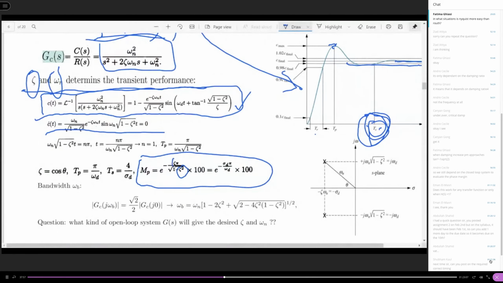The damping ratio here can also be characterized with omega d and sigma d.